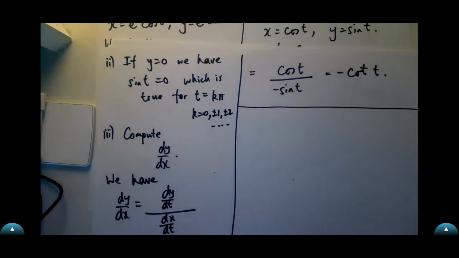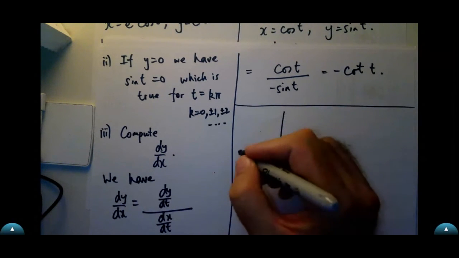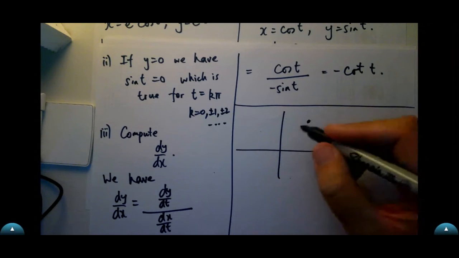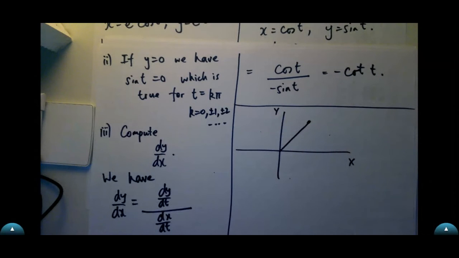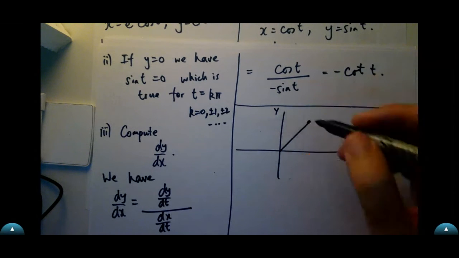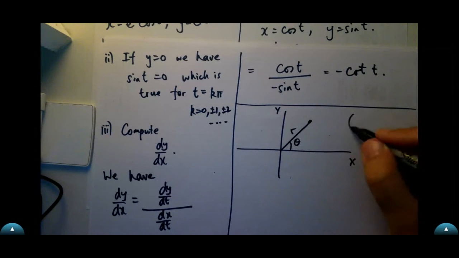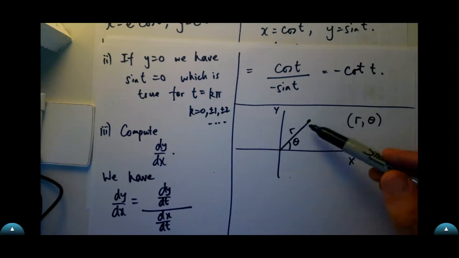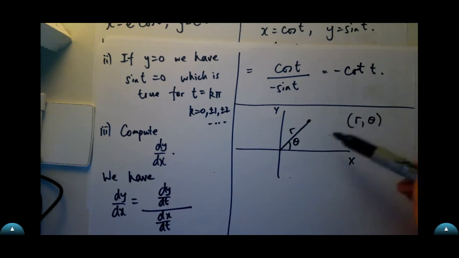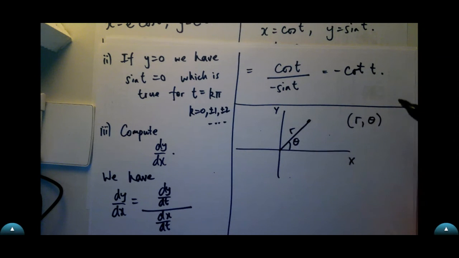So let's just refresh our memory quickly about the polar form. With the polar form, you don't have this x and y coordinate. What you have is this r and theta. So r is the distance from the point to the origin, and theta is the angle between this little line segment and the positive x-axis.